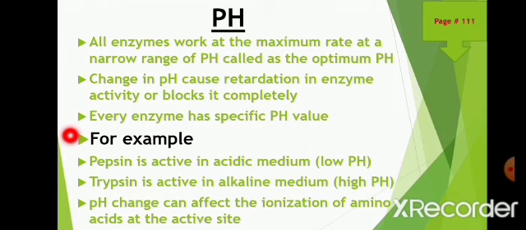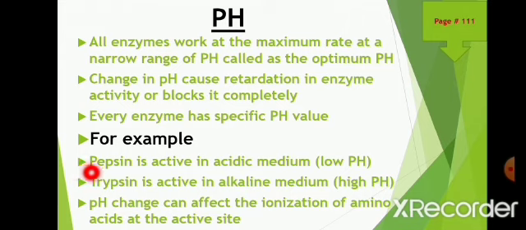For example, pepsin is an enzyme that works in the stomach cavity. Pepsin enzyme works only in acidic medium, that is, low pH. As I have said, pepsin works in the stomach cavity, and it has pH 2.